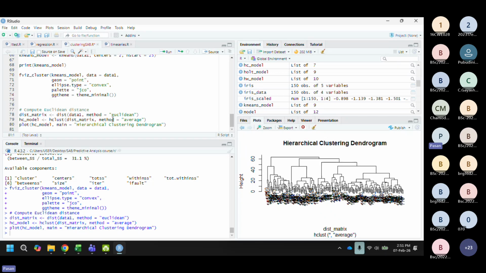So this is using the average linkage method, and you can try the other three methods as well. That's basically the indication of how we can perform this clustering, right? I'm just telling you that when you're performing clustering, we can go with different approaches like that.